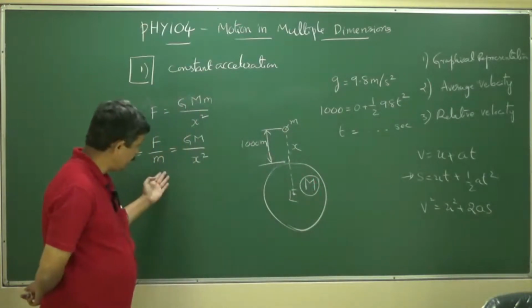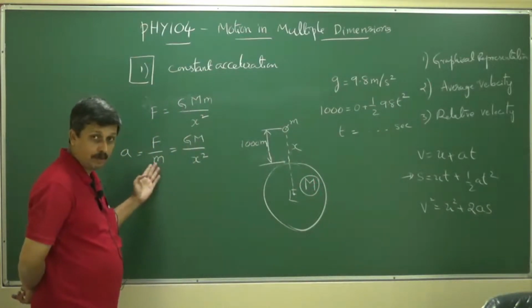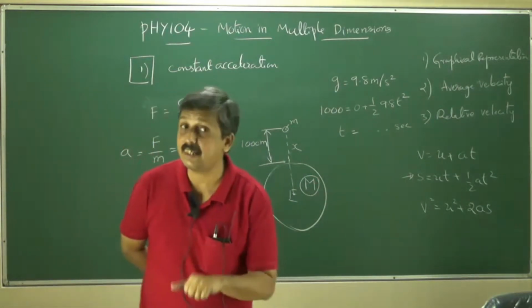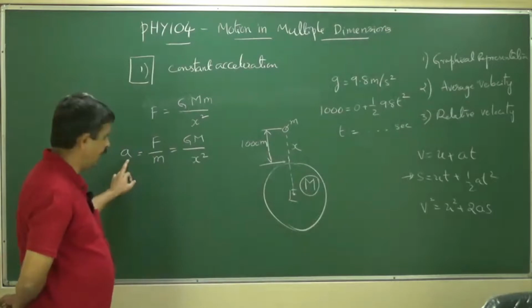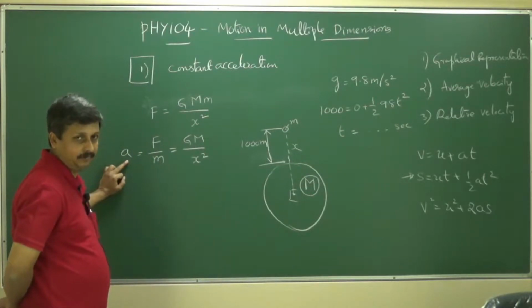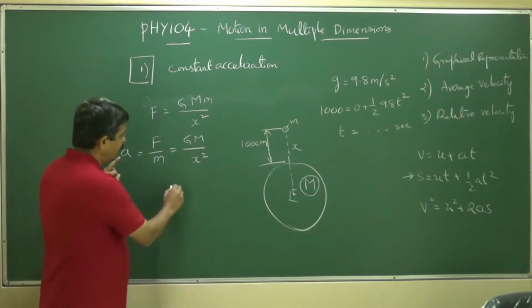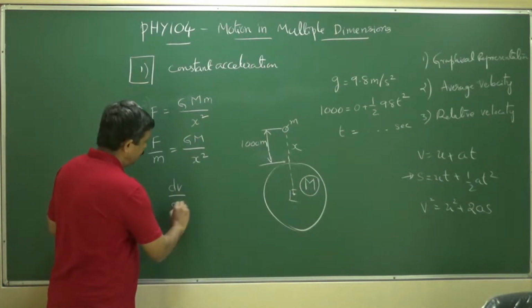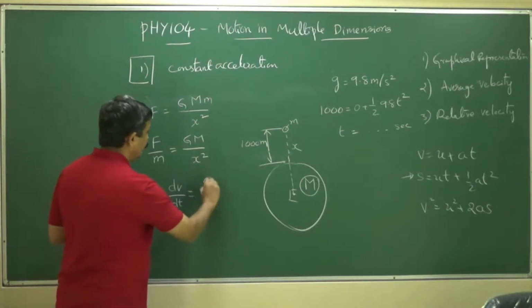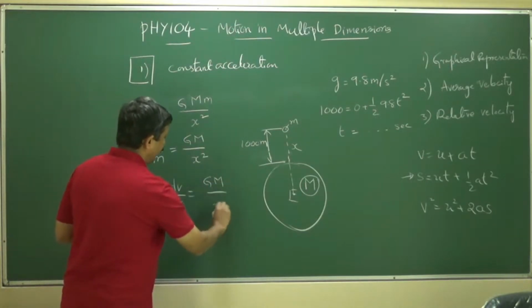You try to do this integration and solve this problem. This problem is called a differential equation, and I will tell you why. Look at a. What is a? a is the rate of change of velocity, so we can say a is dv by dt, which is equal to GM by x square.